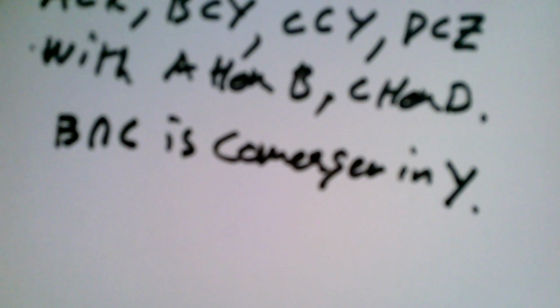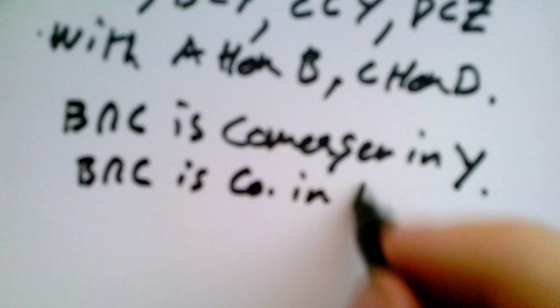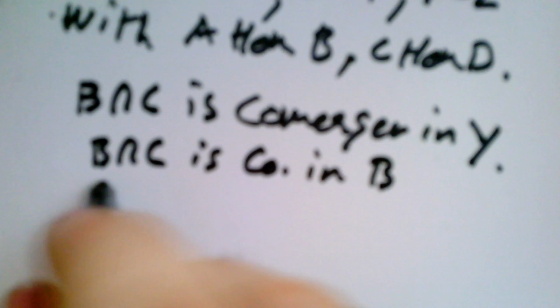I said this third part only works if X, Y, and Z are Baire spaces. So if B intersect C is comeager in Y, then since Y is a Baire space, that means that B intersect C is comeager in B.